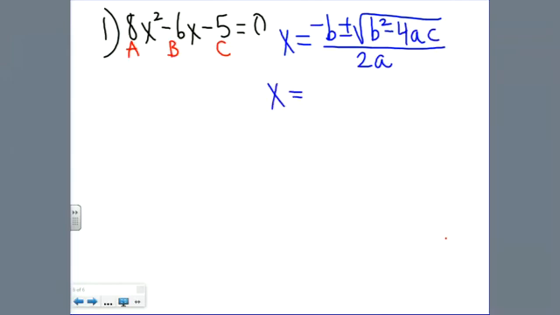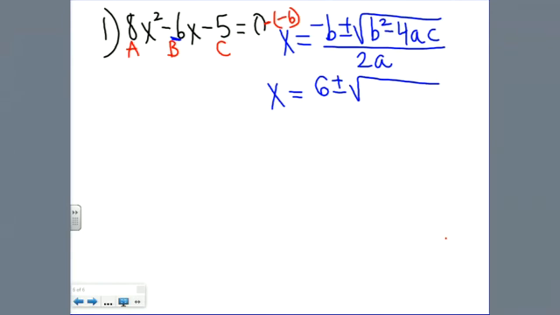Be careful at the front of the formula. The formula requires negative B, but B in our quadratic equation is also negative. So we have a double negative at the beginning, and that makes it a positive 6 in front. Plus or minus.